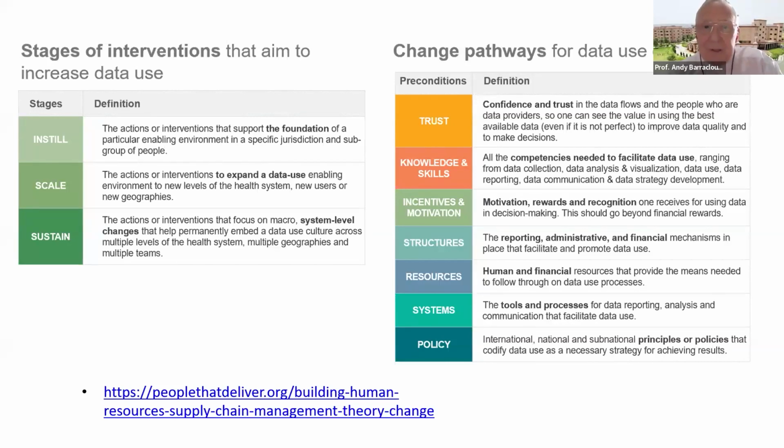In order for this to work, it means we've got trust. People trust the data is going to be used. Not that some poor nurse in a clinic is filling out 20 forms every day and never sees any supplies. That's not trust. We have to build trust that data reporting is going to be real and delivers results.